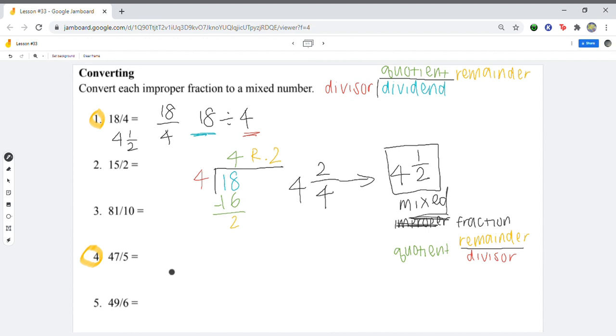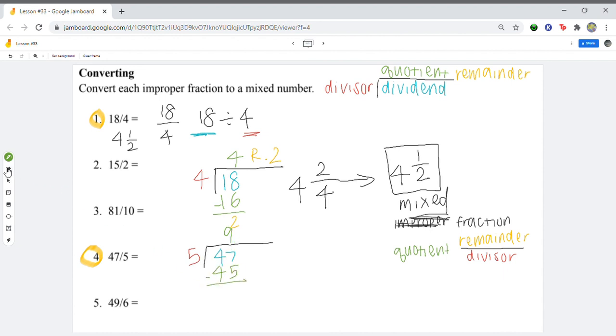So I'm going to go over number 4 briefly and quickly. We know that 47 is our dividend, so it's going to go inside. And then we know that 5 is our divisor. So now I'm just going to divide normally. 5 goes into 47 around 9 times because 9 times 5 is 45.